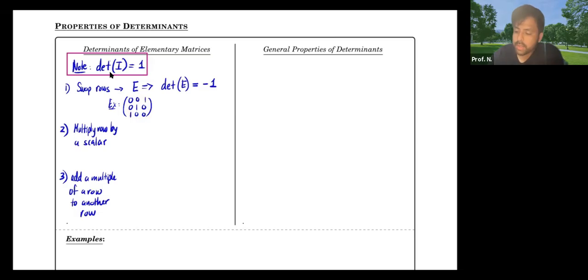Now, what happens if I multiply by a scalar? Remember what the elementary matrix would be? If I multiply by a scalar, call it C, what would be an example of an elementary matrix?